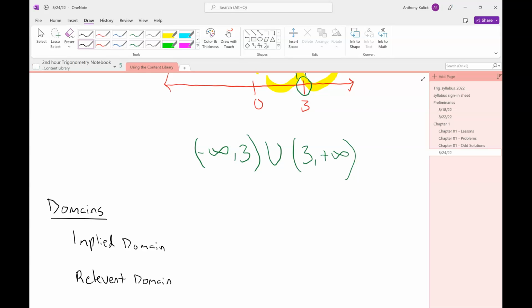So the implied domain is just your set of numbers possible based on the equation or the equation of the function.